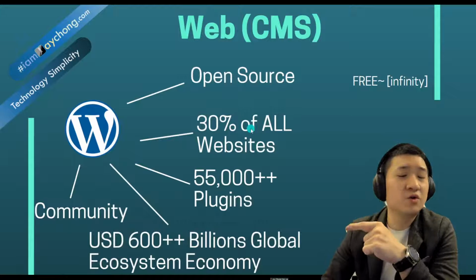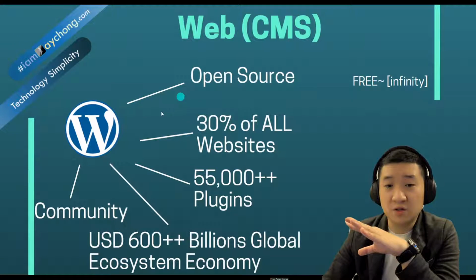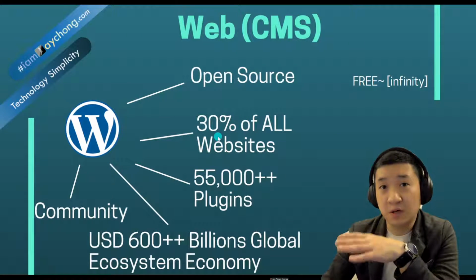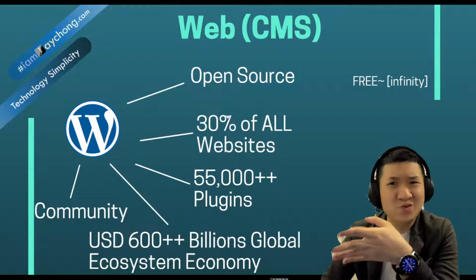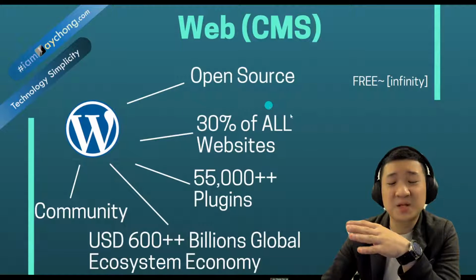That's number one. Number two, the whole world, all websites around the world, at least 30% are powered by WordPress. So don't tell me WordPress doesn't work. There must be a reason, right?